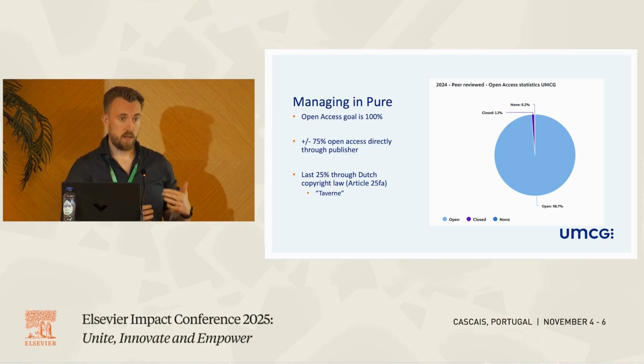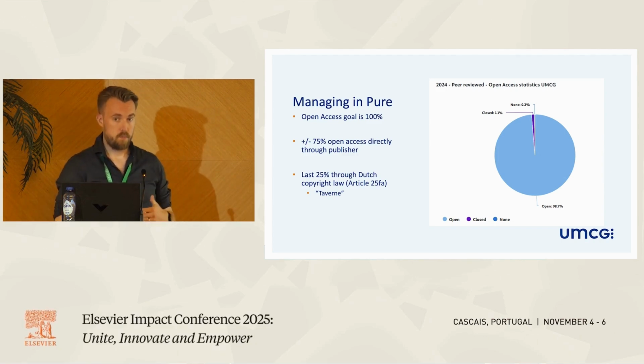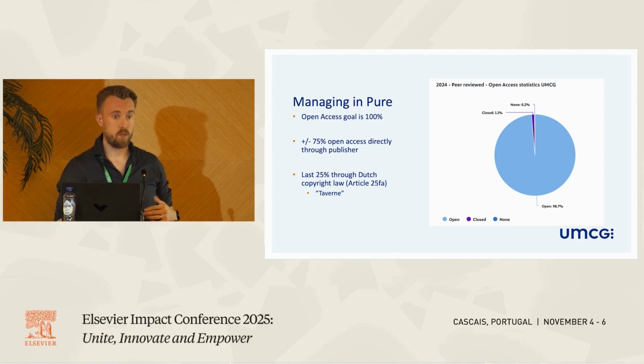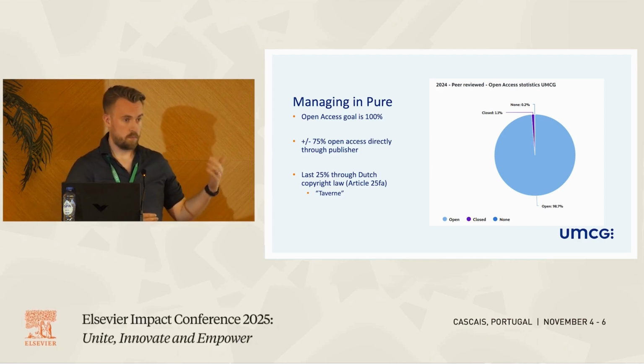In the Netherlands, we have a copyright law that allows us to make publications open that have been funded by public funds, which is basically all publications. It needs to be after a reasonable time, and that time is 6 months. So what we do is we find the PDF, either we have a license and download the PDF, or we look in other repositories, or we email the researcher.